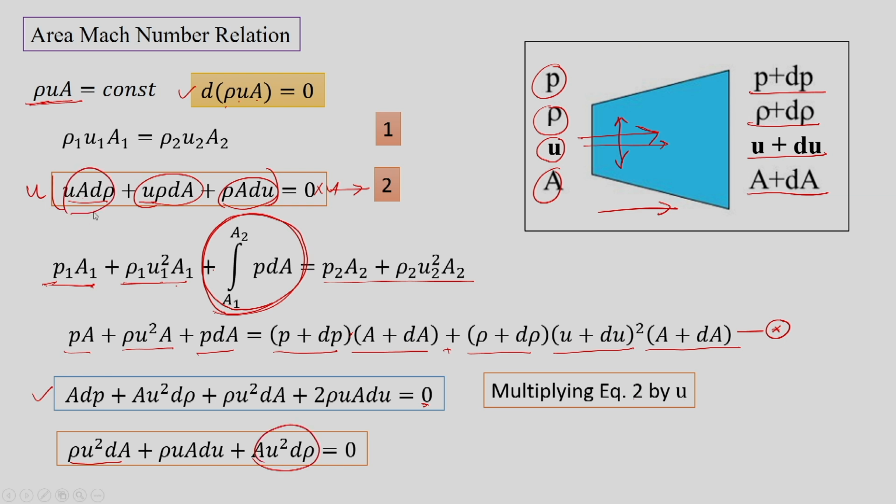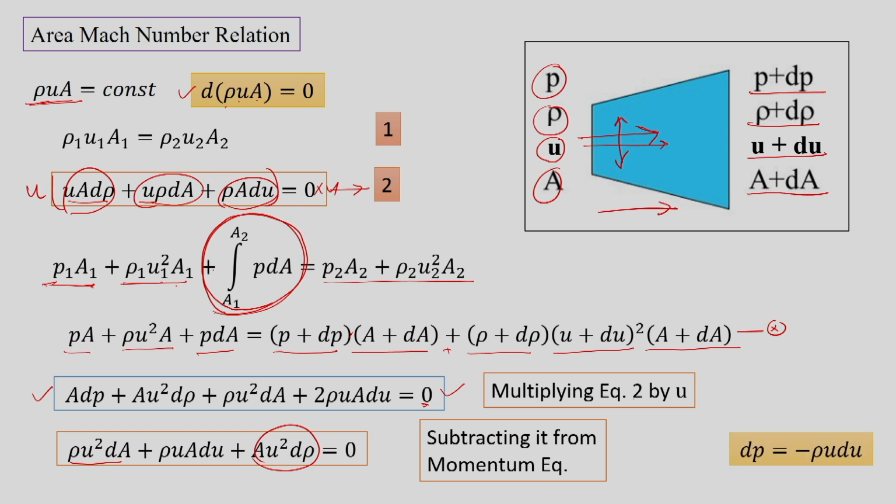So, these three terms belong to equation number 2 after multiplying equation 2 by u. Further, this equation belongs to the modified form of the starred equation. Now, we can subtract these two equations from each other, and then we get an equation which says that dP is equal to minus rho u du. This is what we get when we subtract the u multiplied equation from the momentum equation.